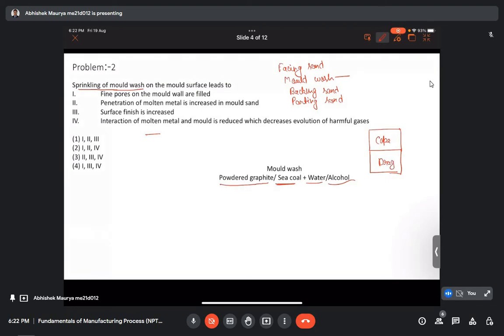What we will do is take the drag and fill it with sand, and meanwhile we will keep our pattern. Mostly the pattern is also split, divided into two parts.